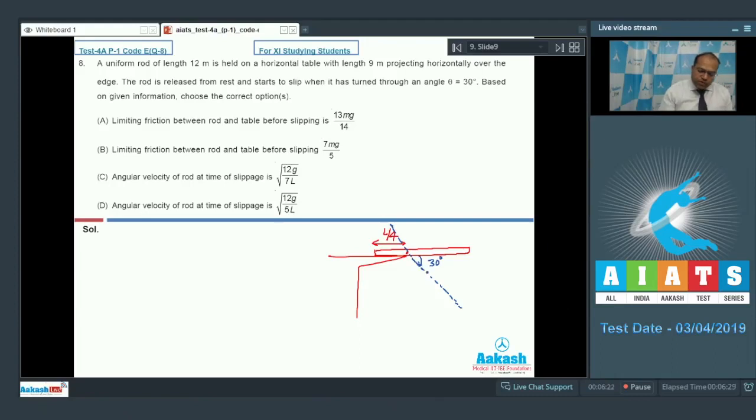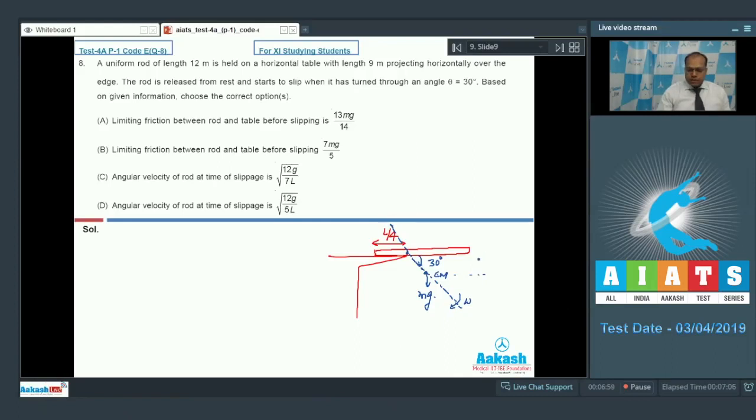So the position of the center of mass at this moment is somewhere here. This is the center of mass, and if the rod is rotating with angular velocity omega in this direction, then we can write the equation of torque about the point of contact. So mg is acting in this direction. Let m be the mass of the rod. So m into g, gravitational force, will act in this direction. So first of all, I have to find out what is the angular velocity at the instant of slippage.